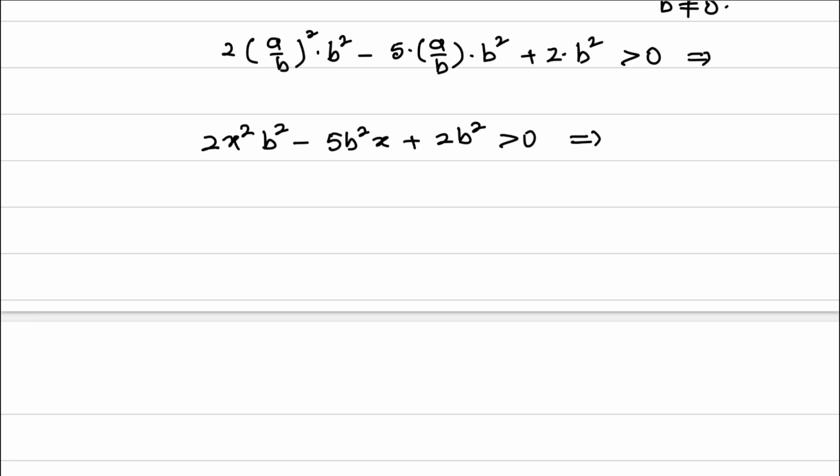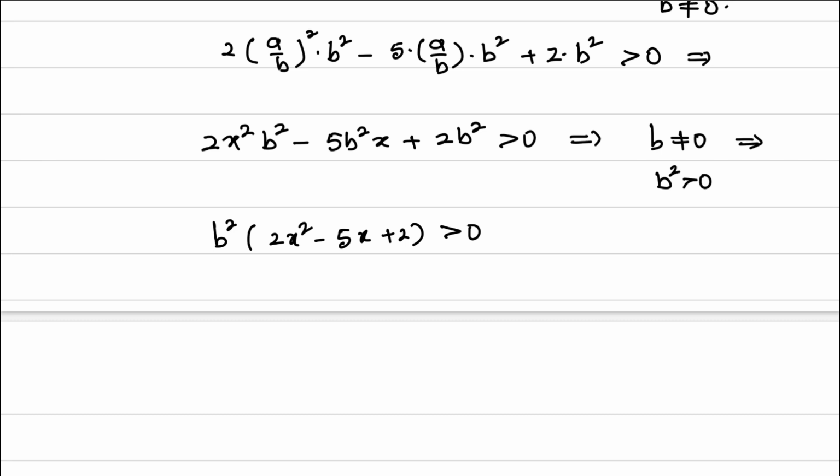It becomes b square into 2x square minus 5x plus 2 is greater than 0. Because b is not equal to 0, whether it is plus or minus, b square is always greater than 0.